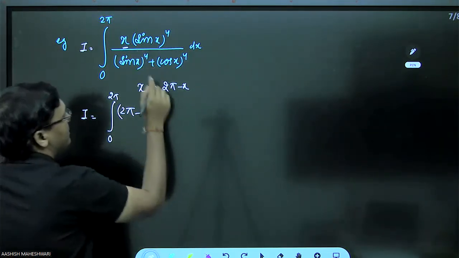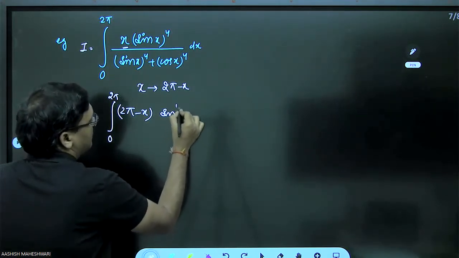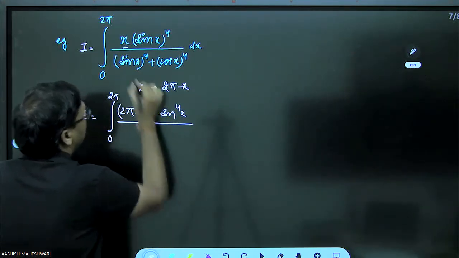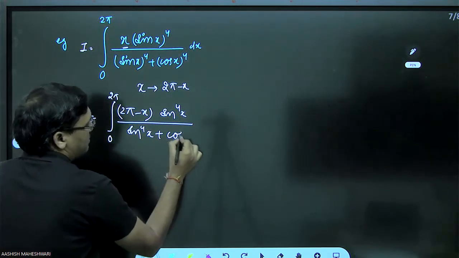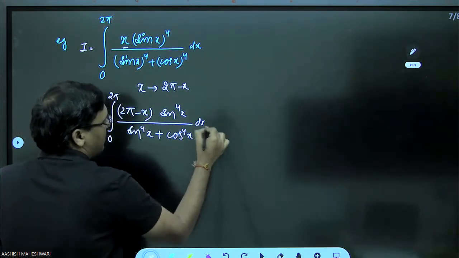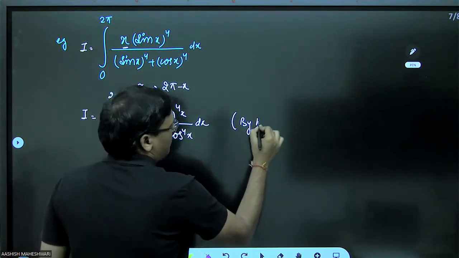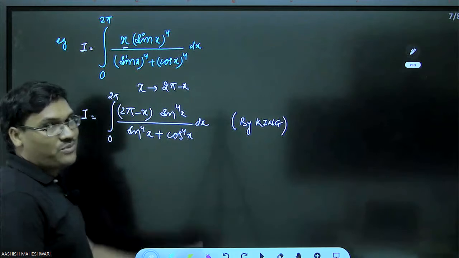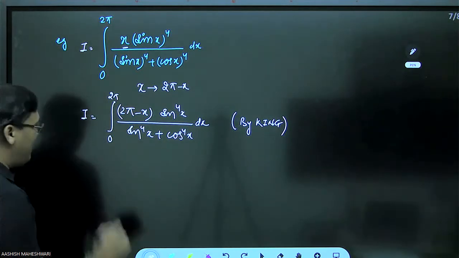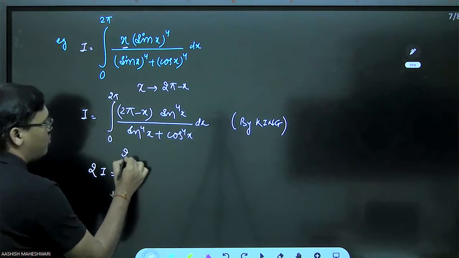Sin of 2 pi minus x is minus sin x, but the power is even, so this will again become sin x raised to 4 divided by sin x raised to 4 plus cos x raised to 4 dx. I hope this is clear. This is by the property, a very important property, right? So now you see, if I add these two, this is 0 to 2 pi.